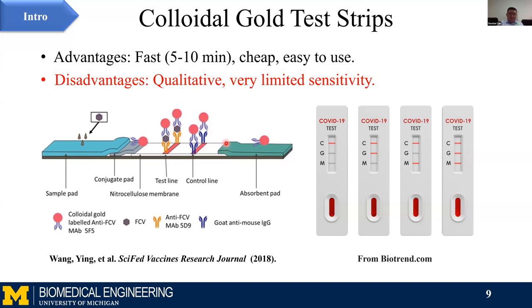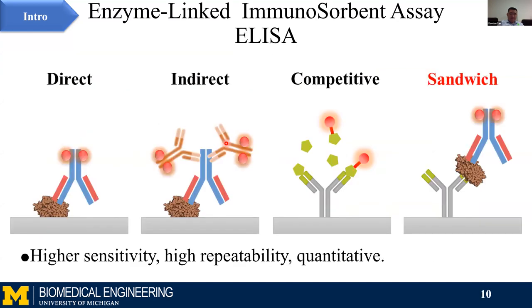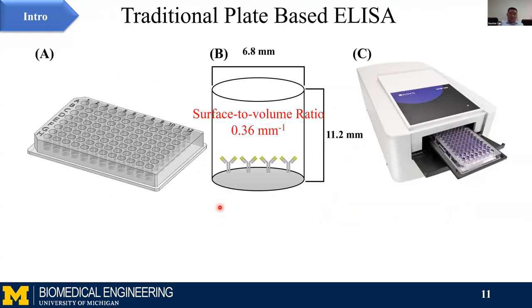So in the hospitals, the doctors prefer to use ELISA to generate the IgG measurement with a higher sensitivity, a higher repeatability, and to get a quantitative result. However, the traditional ELISA is performed in this type of reactor called a 96-well plate or microtiter plate.